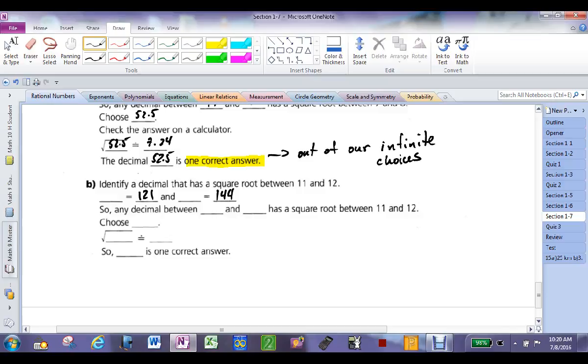Yep. 143.9999. Does that work? Yeah, because it's not 144, is it? 121.0001. Does that work? Yeah, because it's not 121. It had to be between 11 and 12. Everybody cool? So obviously I'm not going to fill that in, because I'm not going to fill in an infinite amount of choices. My wrist would get sore. Everybody got it?